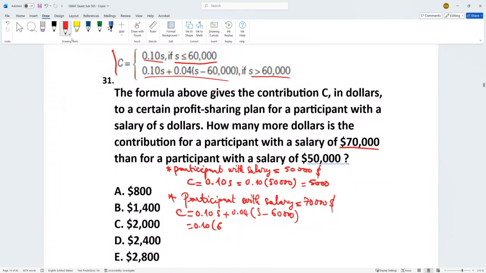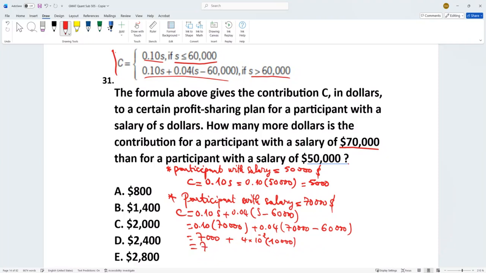70,000. Let me write it like this: 70,000 plus 0.04 times 70,000 minus 60,000. This is 7,000 plus 4 times 10 to the power minus 2 times 10,000, which is actually 10 to the power 4.